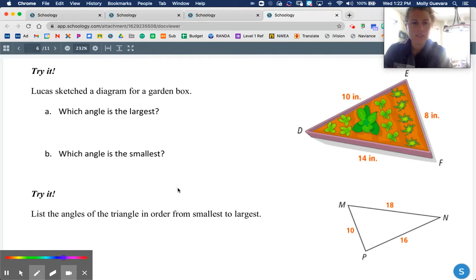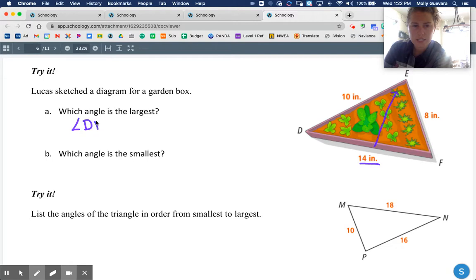Okay, so let's look here. Here we have a garden box that Lucas is creating, and he wants to know which angle is largest. My biggest side here is 14, which means the angle across from that is the largest. So I can say angle DEF is the largest. You also could have said FED.